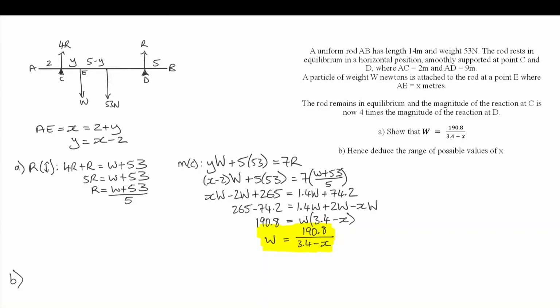So X must be positive, meaning it's larger than 0, and W must be positive, meaning that X is smaller than 3.4. Those two things are the limits that we have on X. So the range of possible values of X are in between 0 and 3.4, but not including either of those two. So 2 elements of rationale to help us deduce our value for X.